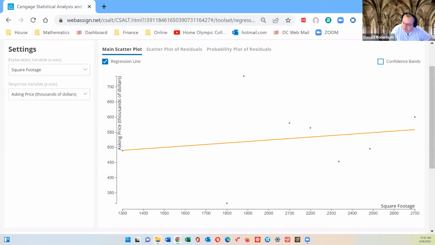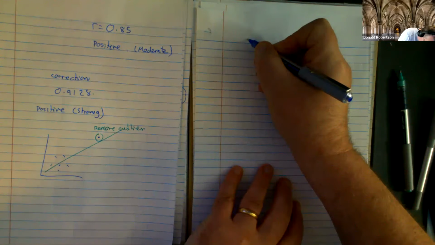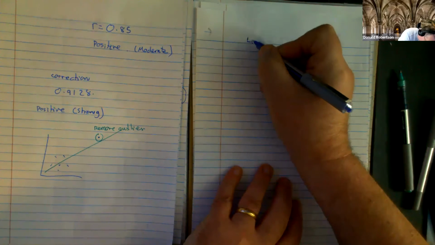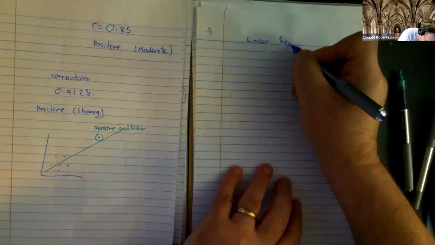Are we good? So let me return to notes and try and put some of what we did in the form of a note that you can then go back and look at. Right. So, oh, a new term. Linear regression.